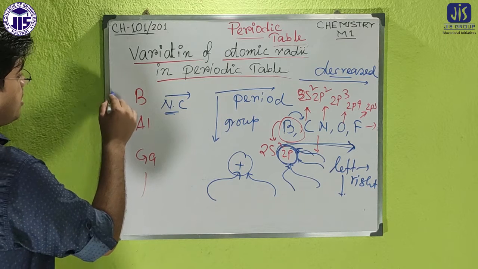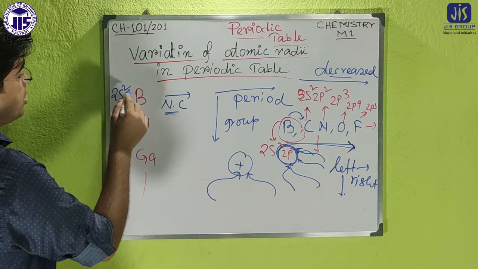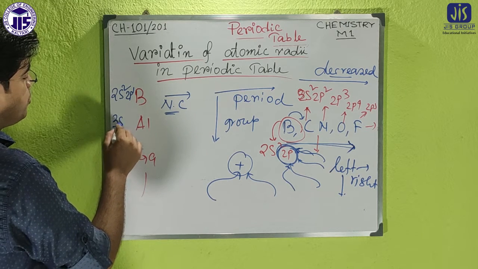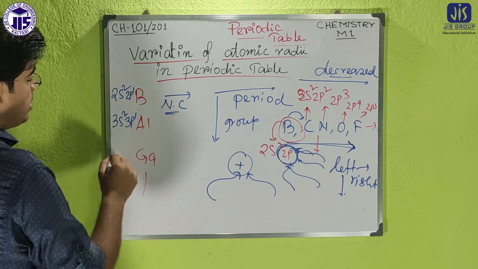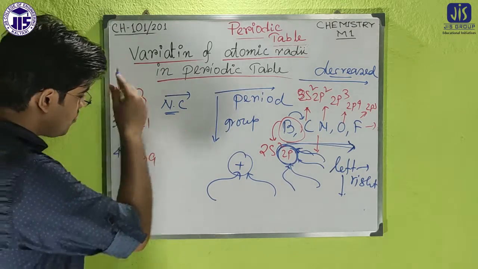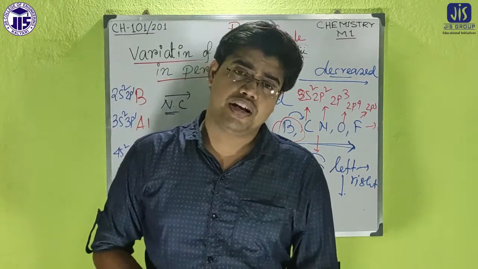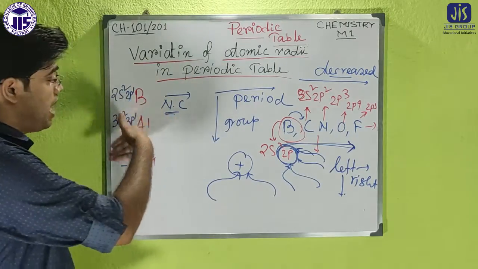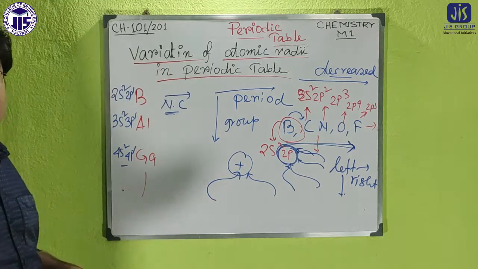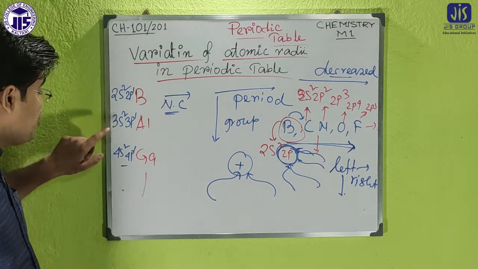I'm writing the outermost electronic configuration: 2s2 2p1 here, 3s2 3p1 here, 4s2 4p1 here. So what is the change in the outermost shell? The quantum number is increased. That means the principal quantum number is increased: 2, 3, 4.